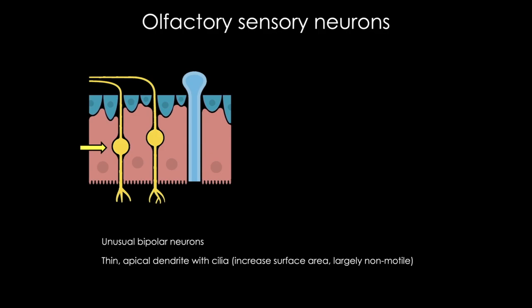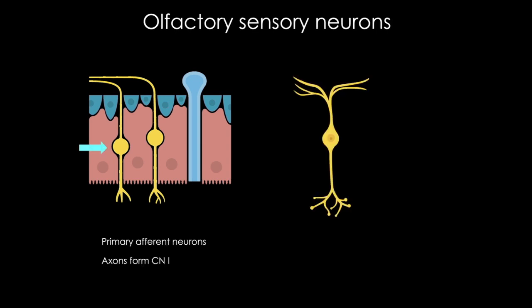Now, our final cell type is the olfactory sensory or olfactory receptor neuron. Now, these neurons are unusual bipolar neurons. They have an axon and many dendrites. They have thin apical dendrites, and then these dendrites have cilia that extend from these little knobs called apical knobs.